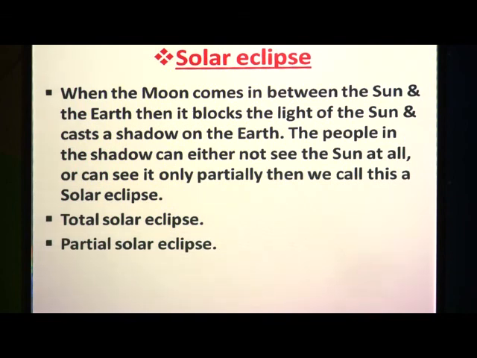Sometimes the moon comes in between the sun and the earth. This is very important.